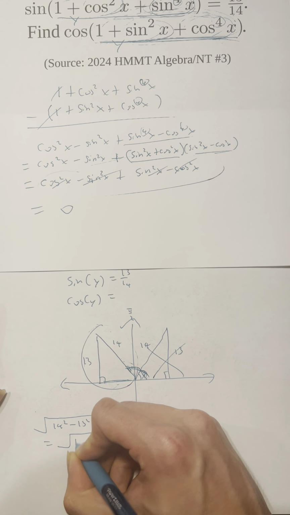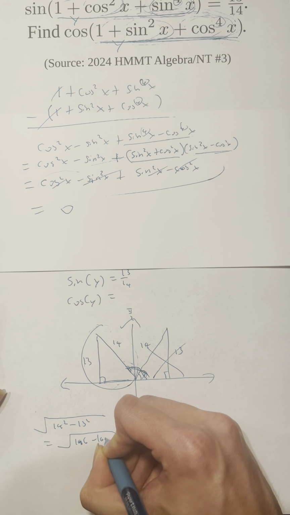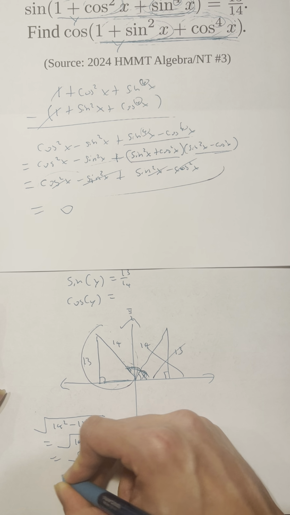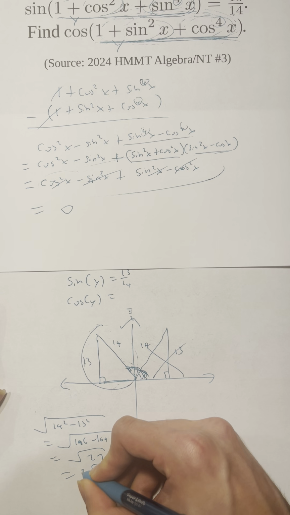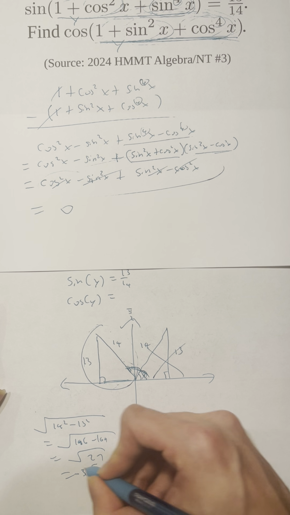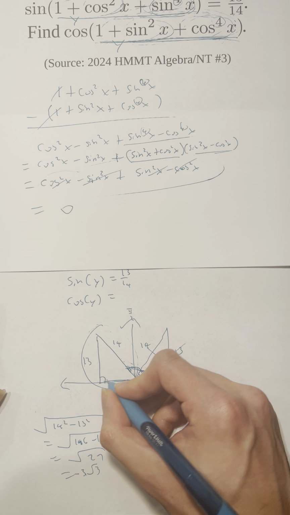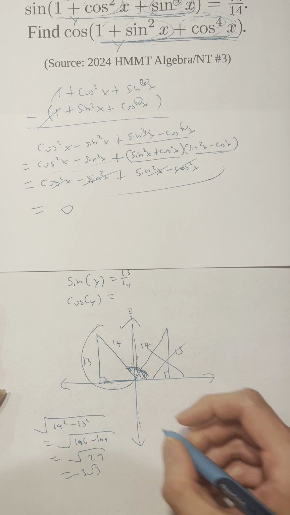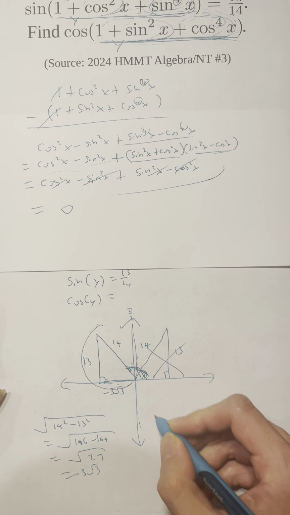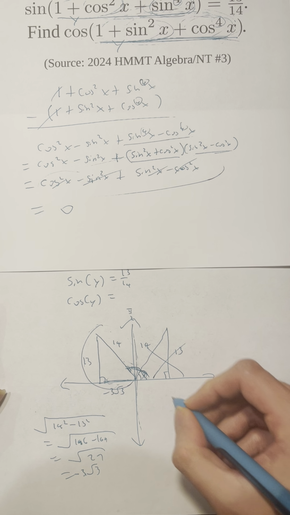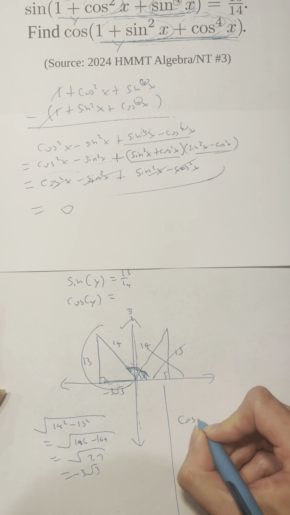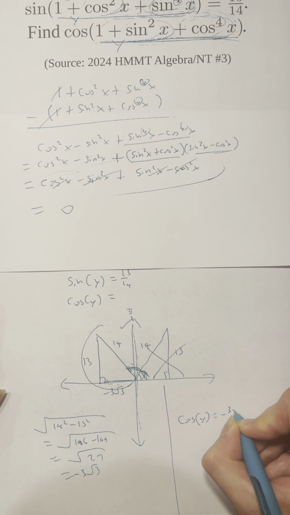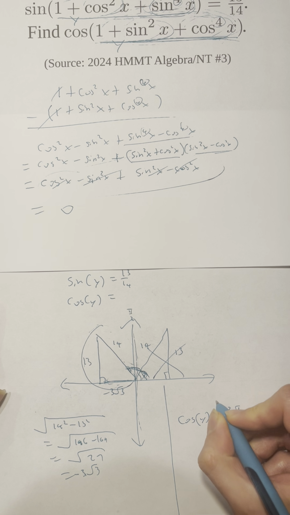So, let's see if we can do some mental math here. This needs to be negative because we are going to the left. We're to the left of the y-axis. So cosine of y is going to be negative 3 root 3 over 14. This is your answer.